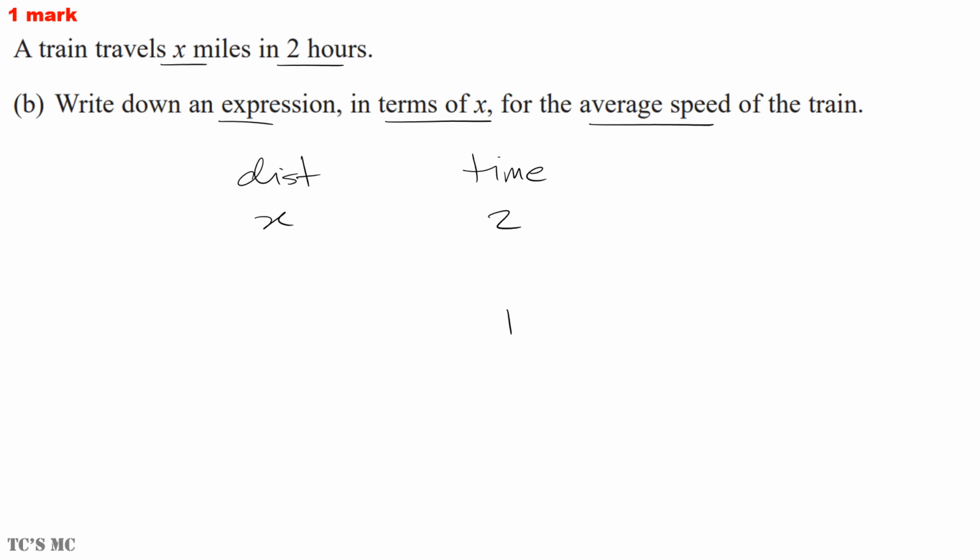To go from 2 to 1, we need to divide by 2. That means we must do the same over here. X divided by 2 is just X over 2. So the speed is X over 2 miles per hour. And that is all we need to write for 1 mark.